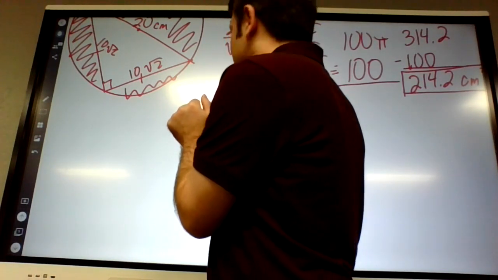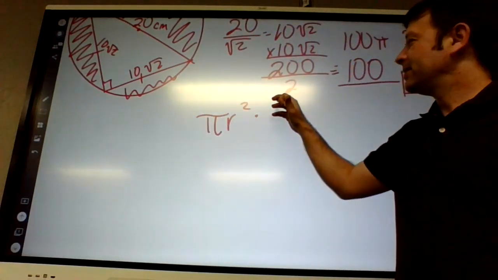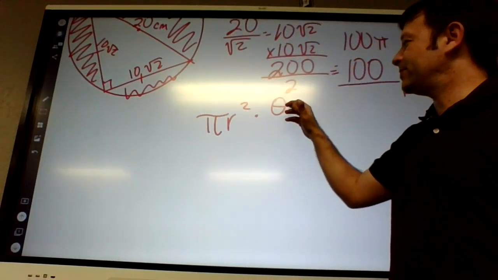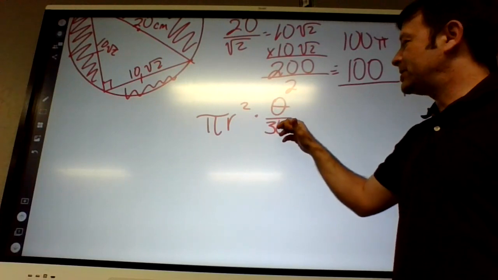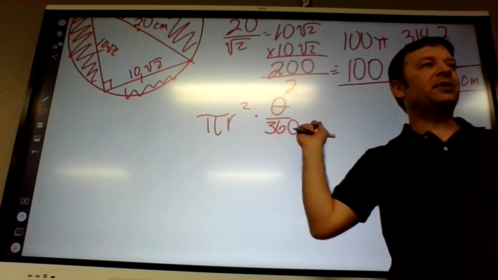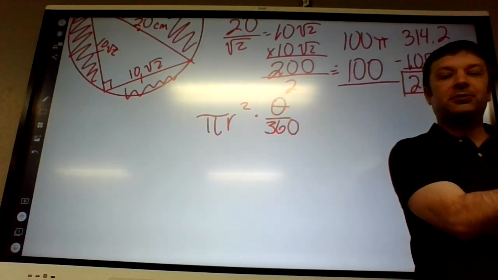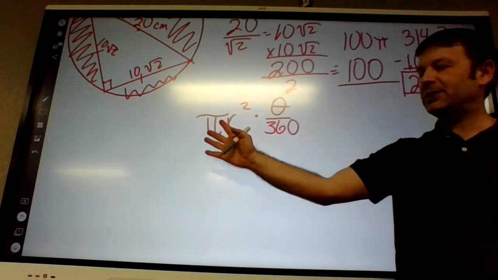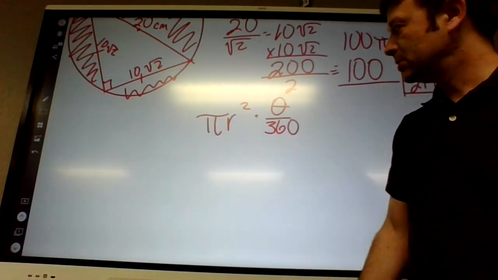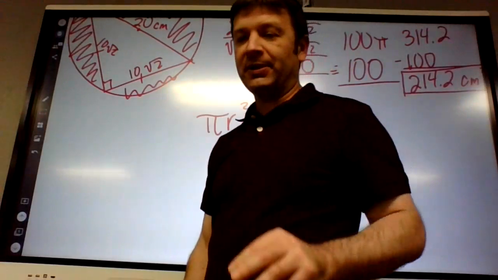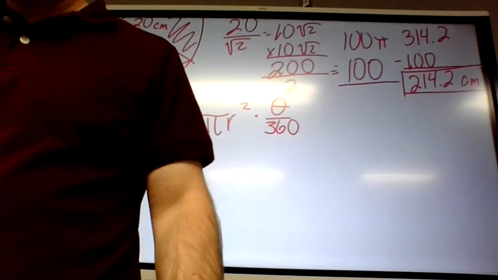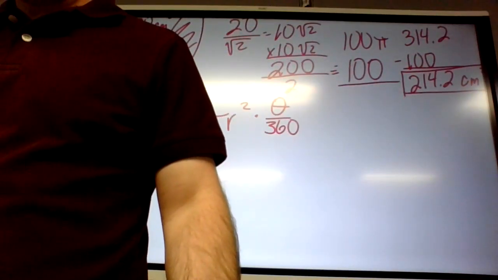No, it's right here. You got notes? Okay, central angle over 360. Why are you looking at me? Because that angle over 360 tells you what fraction of the circle you're actually using. So the fraction times this whole circle. Dang it, I forgot to tell that to the other class. I did pi r squared times angle over 360.